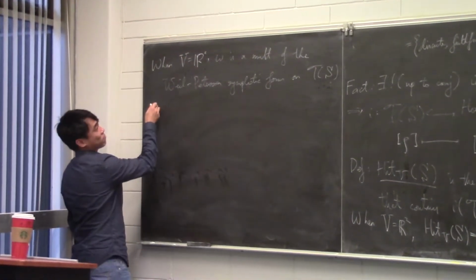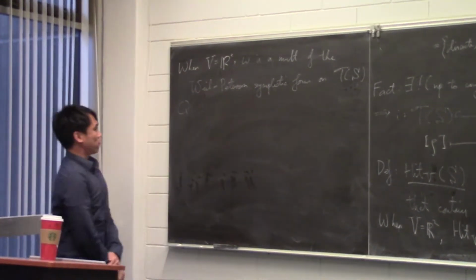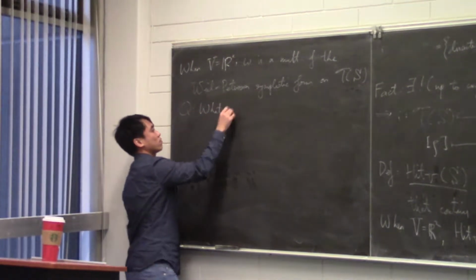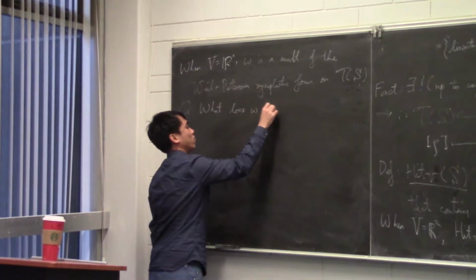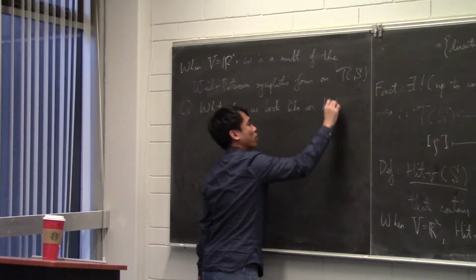So the question that I'd like to address today is: what does omega look like on the PSLV Hitchin component?